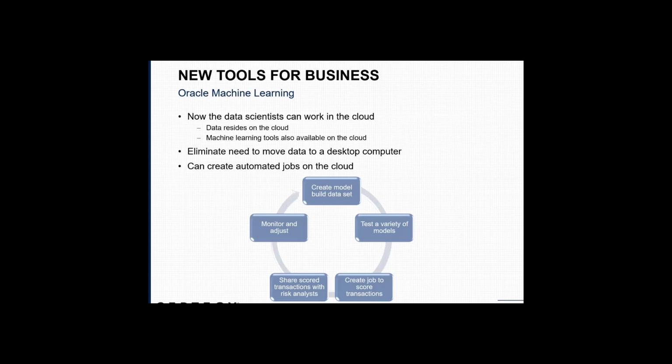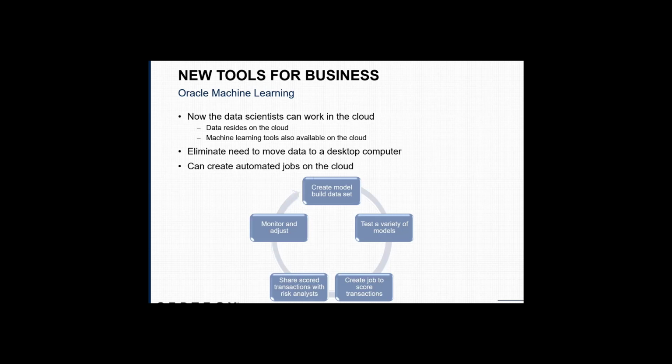And below is sort of the circular flow that we've come to adopt. And so I'll start with creating a model build data set based on a bunch of queries. And then I could test a variety of different models on that data. So the types of models I've been using for our binary fraud outcomes is going to be random forest as well as neural networks.